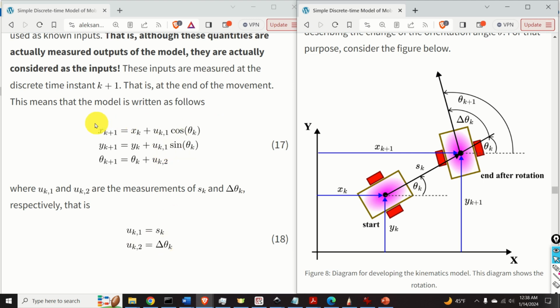Now, this represents a non-linear model. The states are xk, yk, and θk. The inputs are actually obtained at the discrete time k plus 1. And generally speaking, this model is used to develop Kalman filters, SLAM algorithms, dead reckoning algorithms, etc.